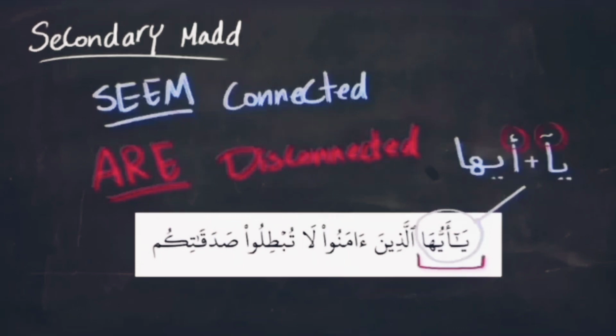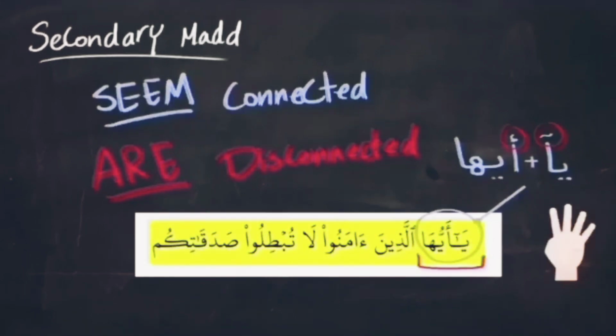So that is why Ya ayyuha, and this is actually repeated in the Quran so many times, all of them are disconnected med. So you have the option to say Ya ayyuha alladhina amanu, or you could just ignore it and say Ya ayyuha alladhina amanu.